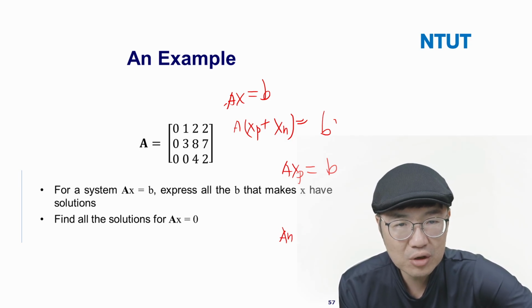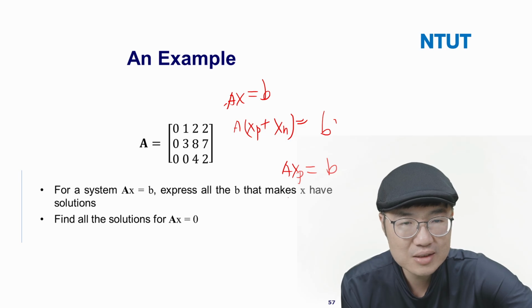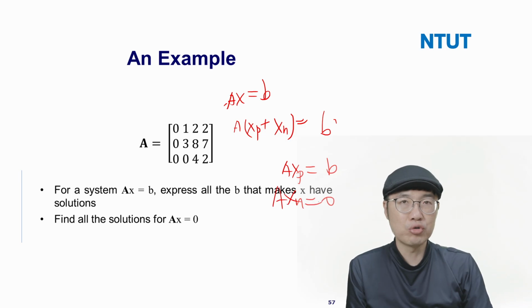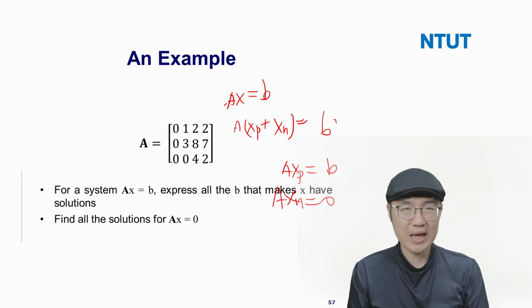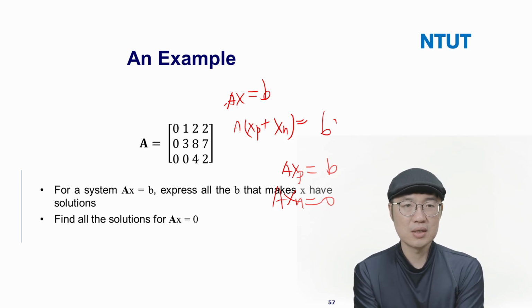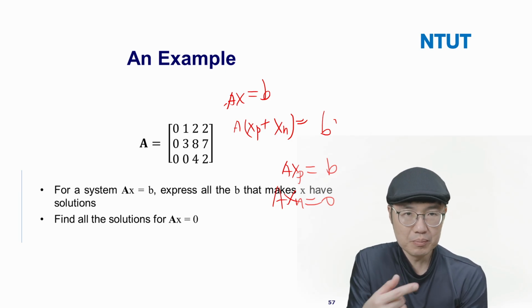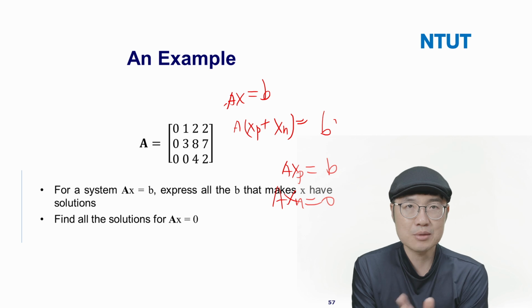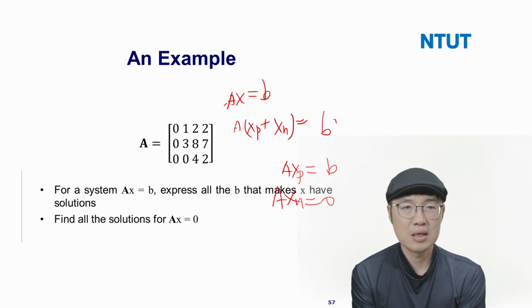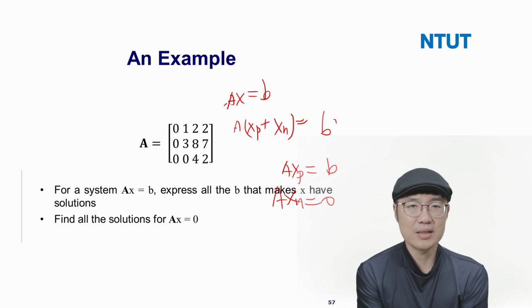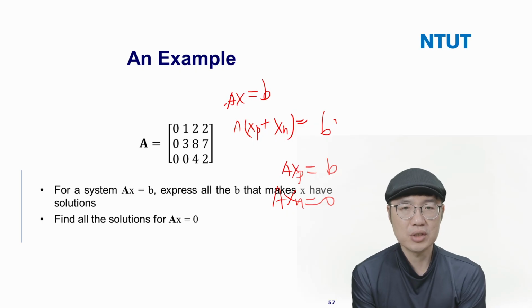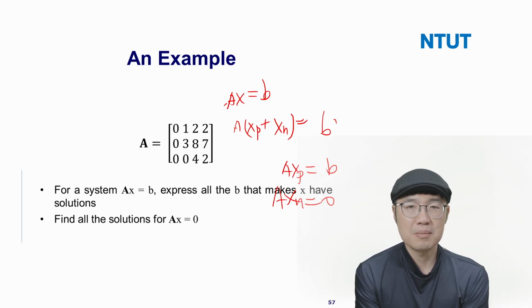But even though you have an XP as solution, there is already Xn, which makes AXn equal 0. So you cannot take only the B part, the mapping to the B part, XP, into account. Xn is always there. So the overall solution is XP plus Xn.